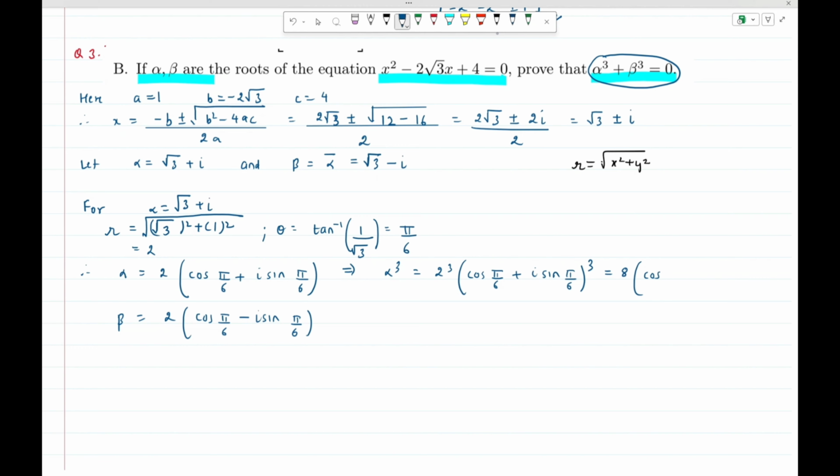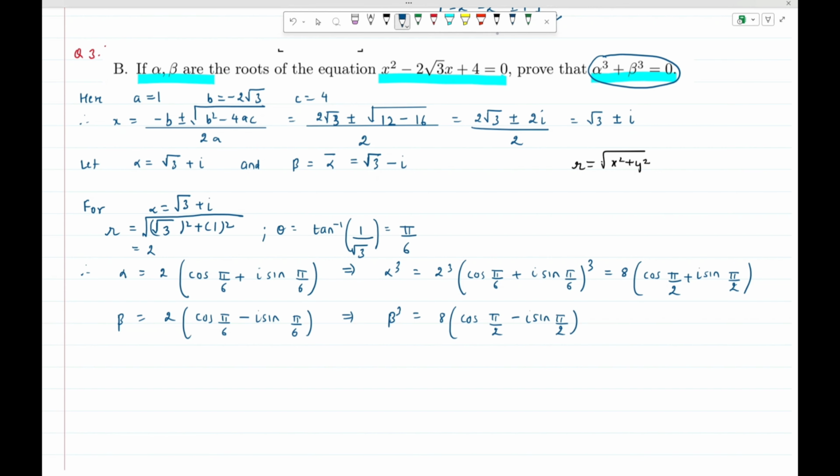So we will get 3 pi by 6, which reduces to pi by 2, plus i times sine of pi by 2. And likewise for beta cube, we will be getting 8 into cos of pi by 2 minus i times sine of pi by 2.